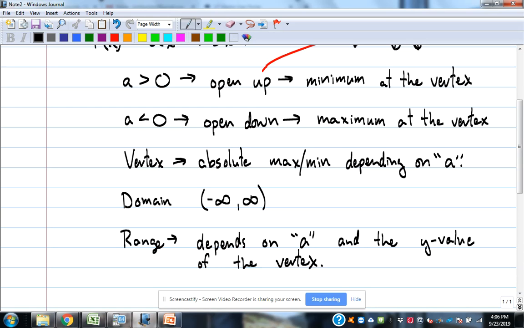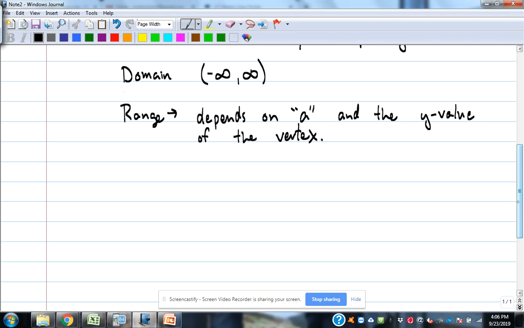If it opens downward, a is negative, then you start at negative infinity and go up to whatever that y value is. So the range changes with the problem, but the domain is always negative infinity to positive infinity for a regular function. When we get into the context of a word problem, that idea may get dropped, but in general, that's it.